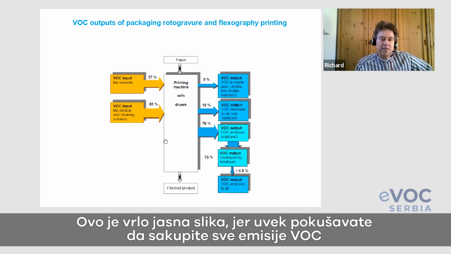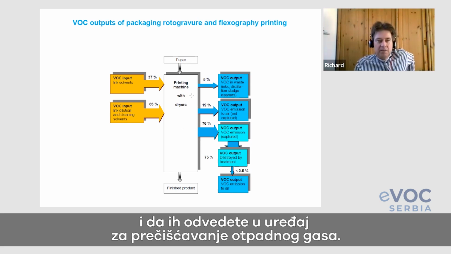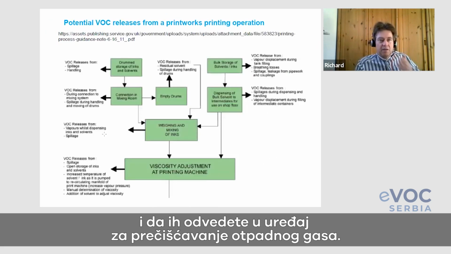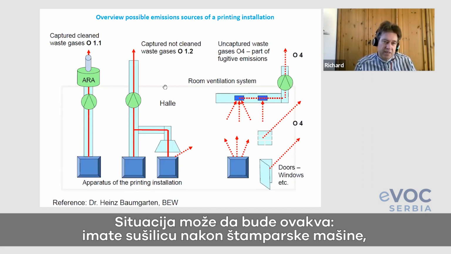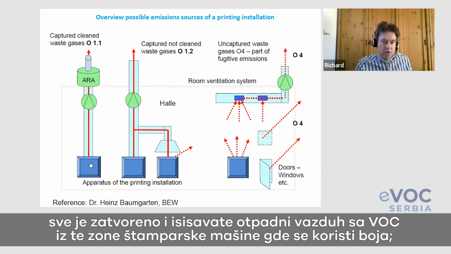because you always try to collect all VOC emissions and to feed them to a waste gas abatement. So the situation can be like you have here, for example, the dryer and the printing unit that is maybe closed, and you extract the VOC gases from the application zones of the printing machine.